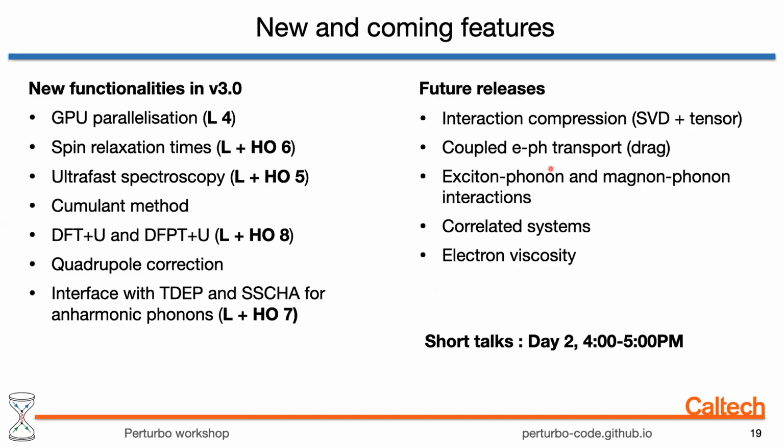We're working on coupled electron-phonon transport so that you can calculate phonon drag. We're also working on exciton-phonon and magnon-phonon interactions, correlated systems, as well as electron viscosities. And some of these will be touched upon during the short talks at the end of tomorrow.